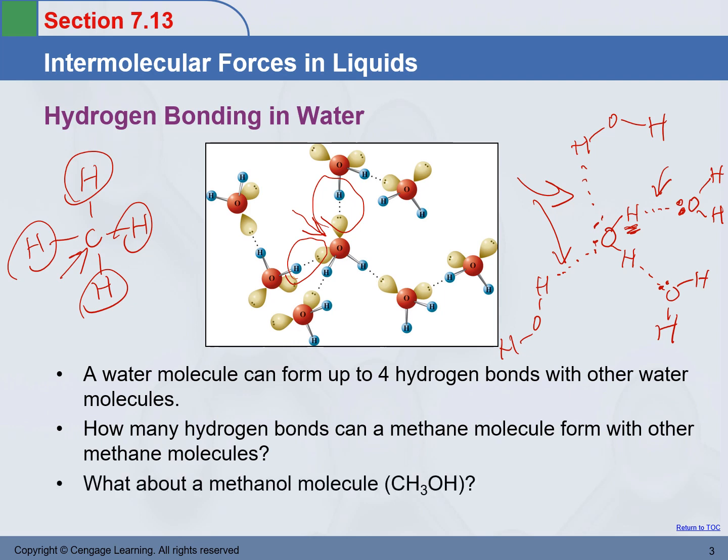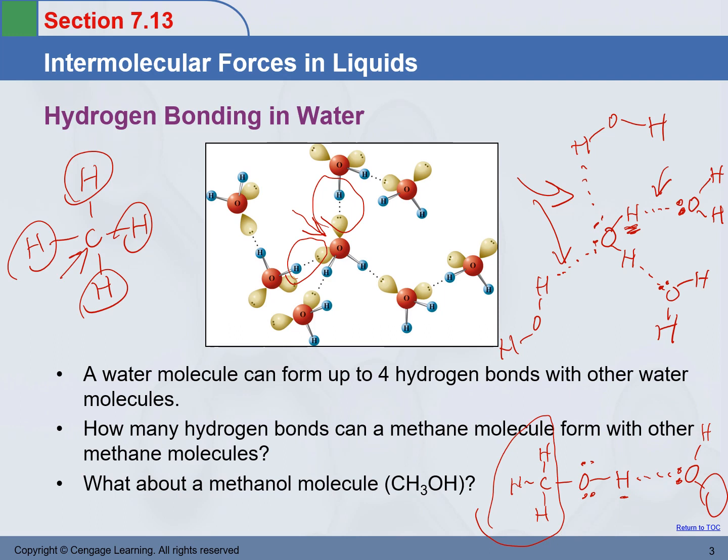What about a methanol molecule? A methanol molecule, again, I'm going to draw the Lewis structure here. These 3 hydrogens here are useless. They are not capable of forming hydrogen bonds because they are on carbon. Now this hydrogen is on oxygen, so it can form a hydrogen bond with a lone pair from oxygen from another molecule.